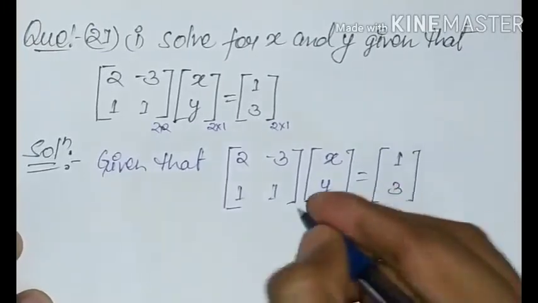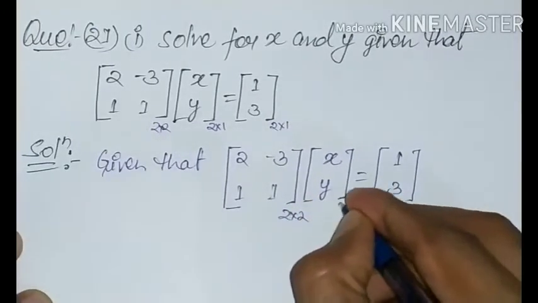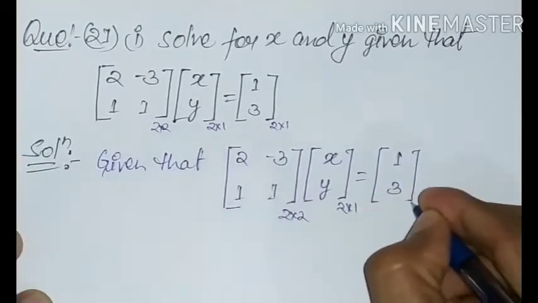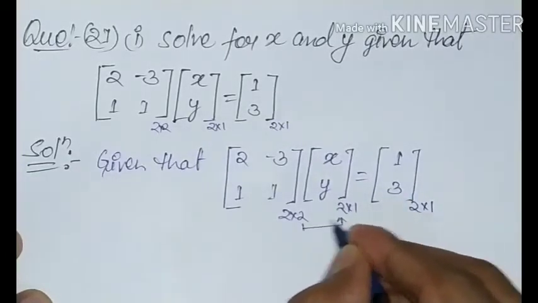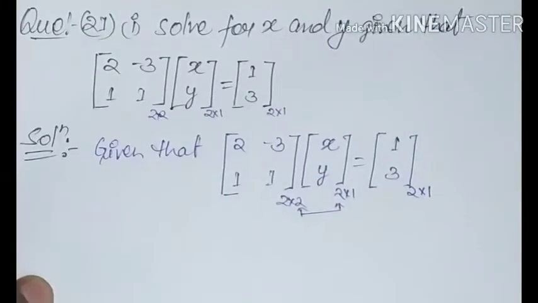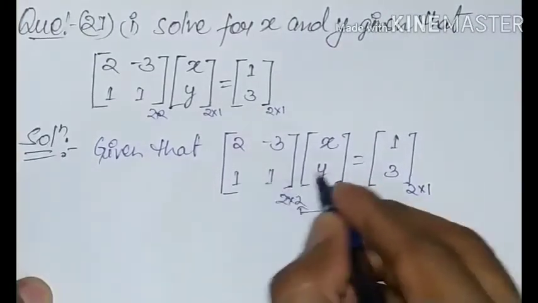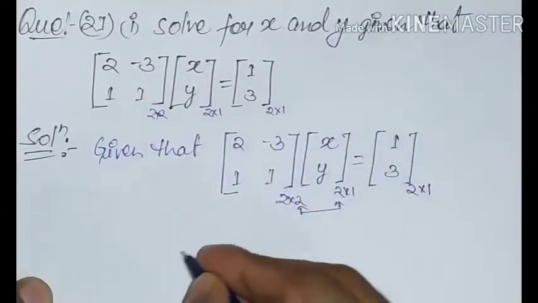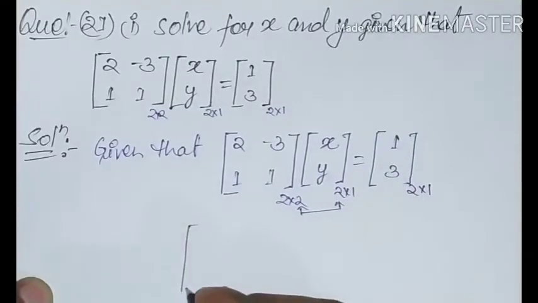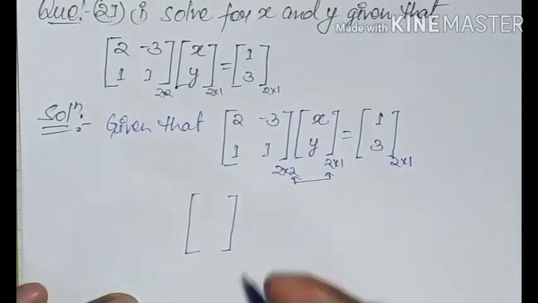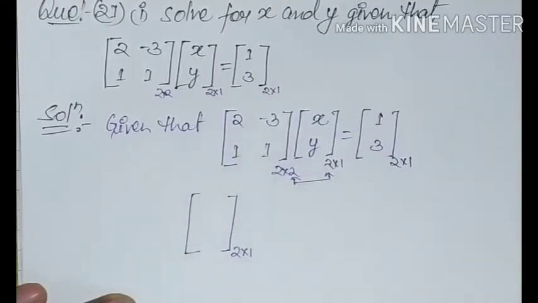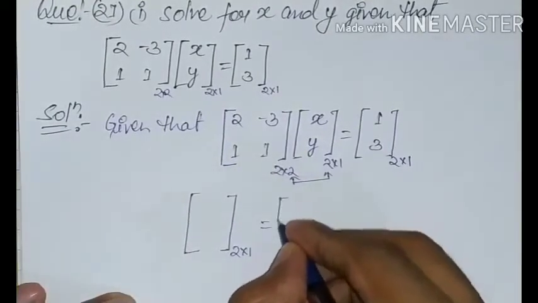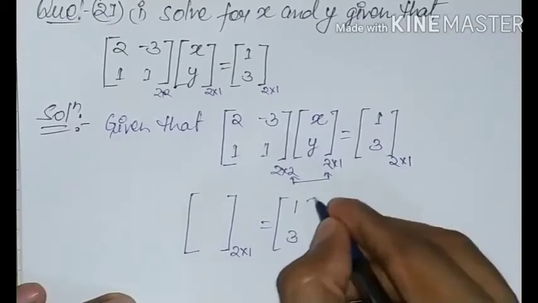This is a 2 by 2 matrix, this is a 2 by 1 matrix, and this is also a 2 by 1 matrix. Since the inner orders 2 and 2 are equal, their product is possible. I'm going to multiply these two given matrices, and their product will be a 2 by 1 matrix, which is equal to 1 and 3.